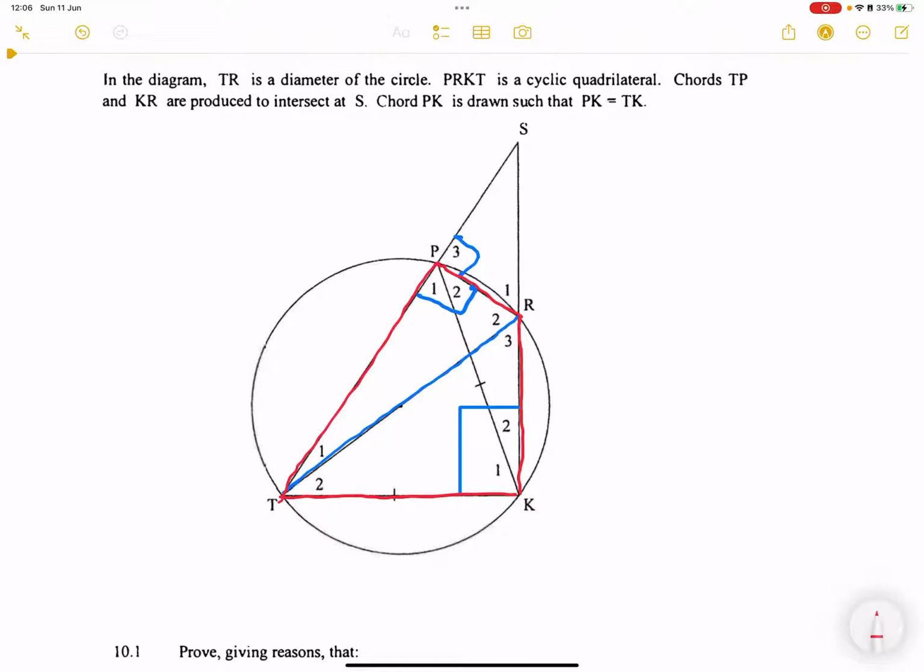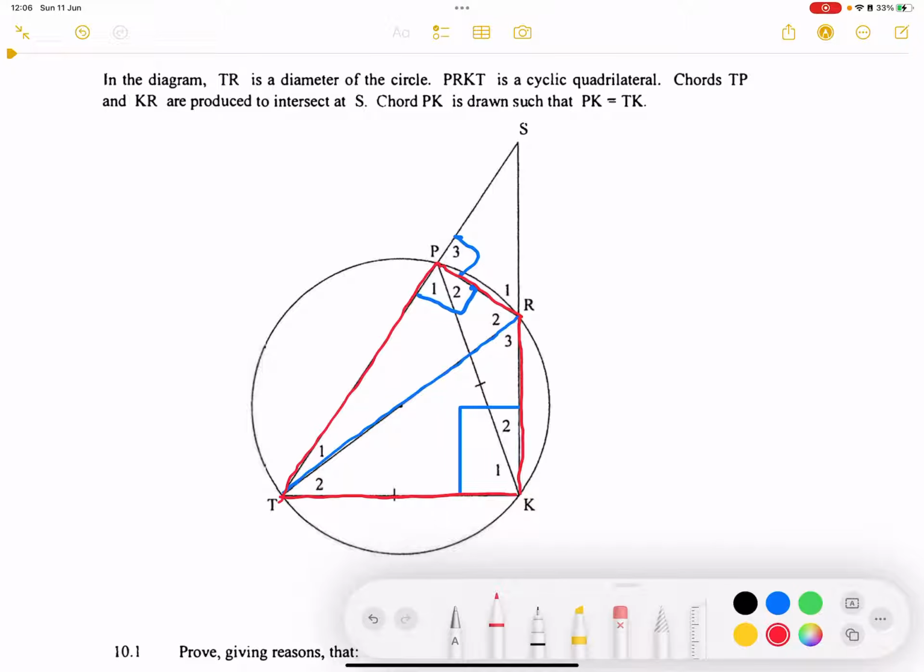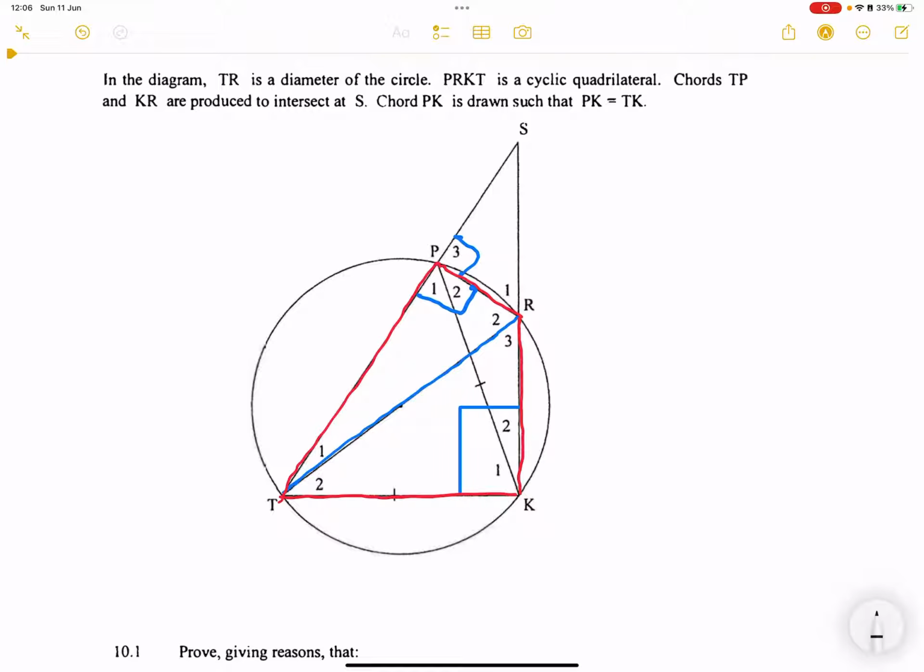Now, they haven't given us the angle per se, but because we've got these two being equal, TK as well as PK, that makes triangle PKT an isosceles triangle.